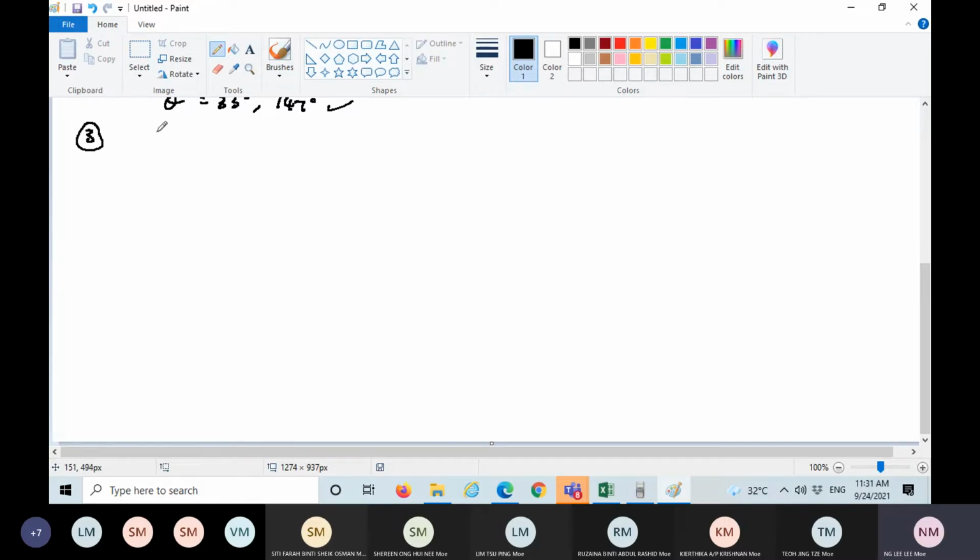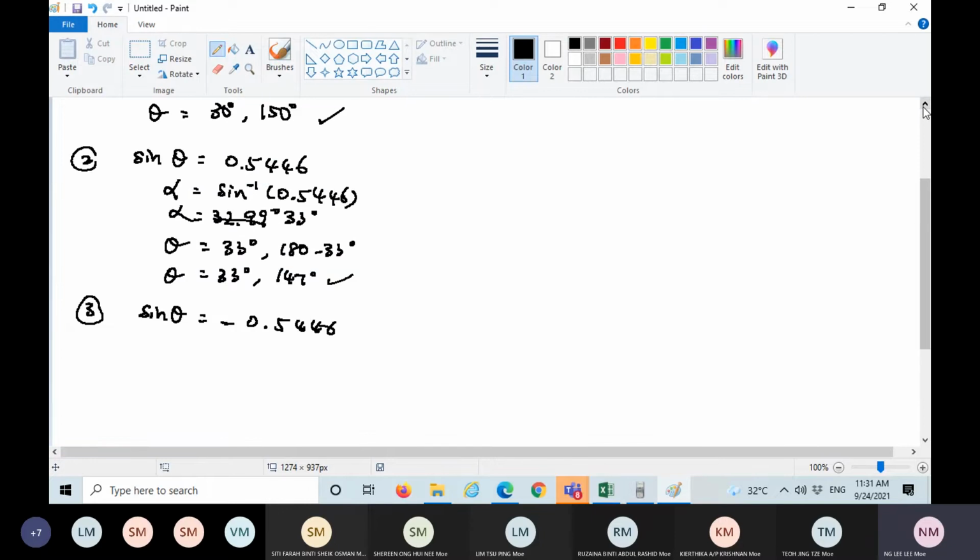Okay, the third example. It's still the same as example number 2, but example number 2 is positive, and here example number 3 is negative. So remember, no matter whether it is positive or negative, when you press the calculator, your alpha is only for positive.